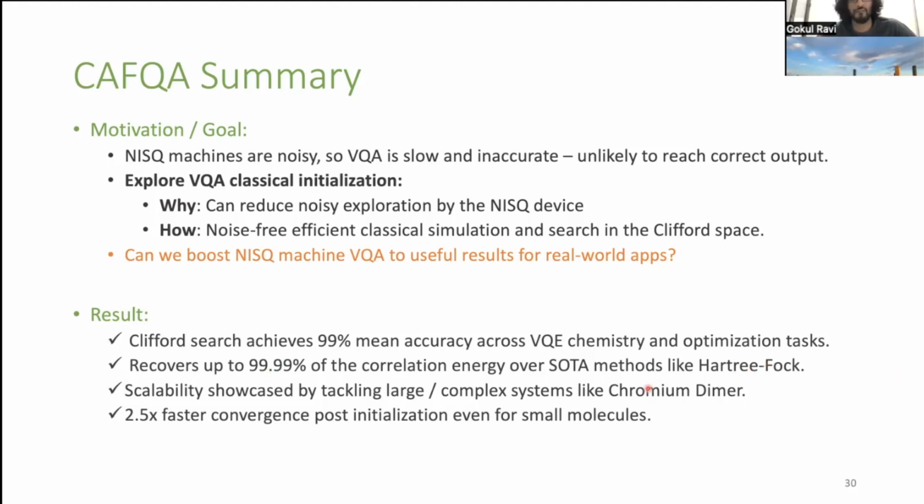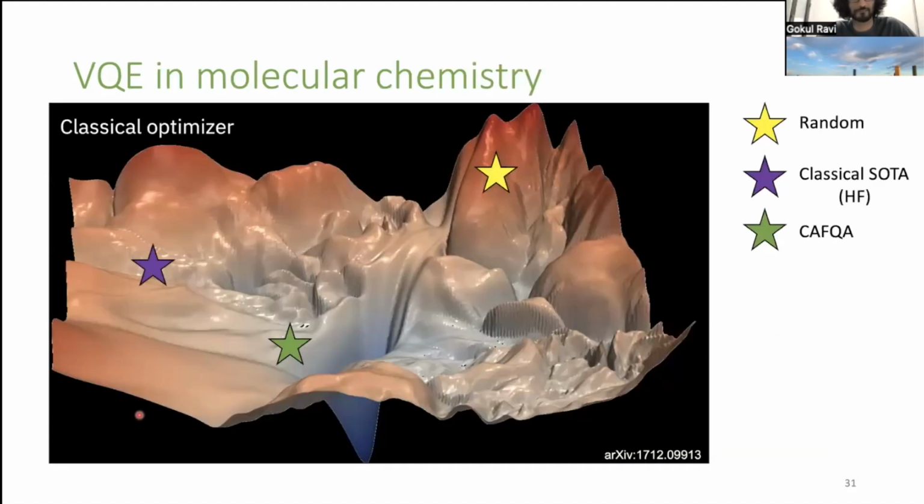It is also very scalable because, as I said, this is purely a technique run in the classical simulable space, so that even very challenging systems like the chromium dimer we have found good initialization for. We have also showcased that after this initialization, we are able to achieve faster convergence in the noisy system. Of course, right now on noisy devices we can test only very small molecules, but we expect this to improve even further when we are able to run more challenging molecules on the device.